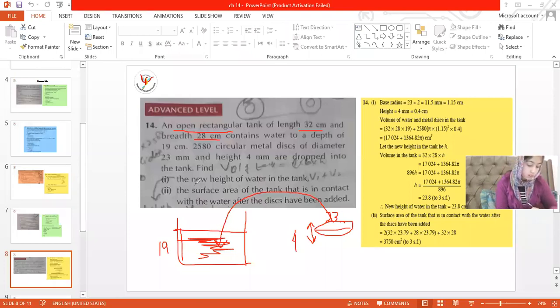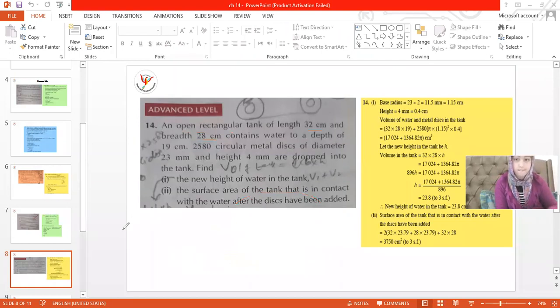Now what he is going to ask: find the new height of the water in the tank. First of all, in order to find the height, we have to know what will be the volume of the rectangular tank plus the volume of the discs, right?